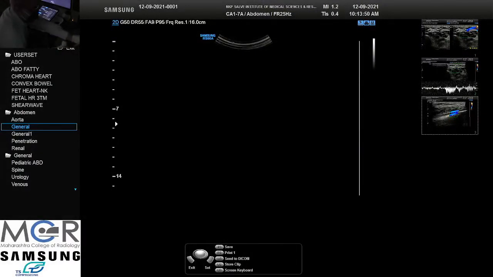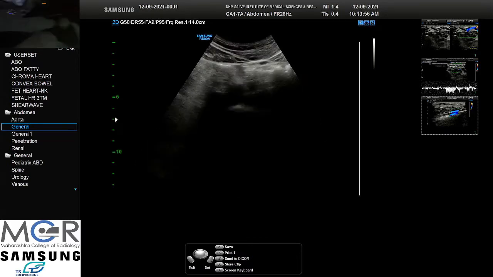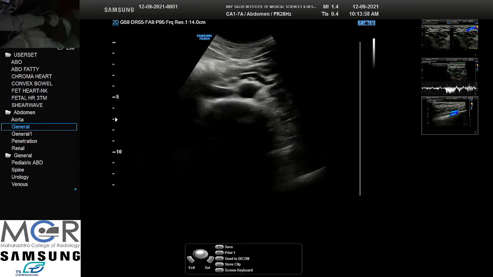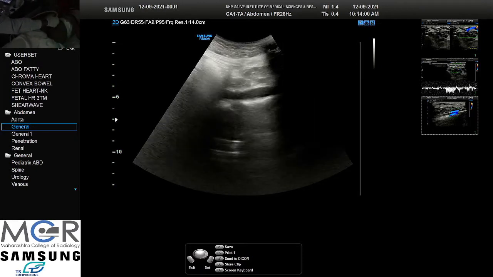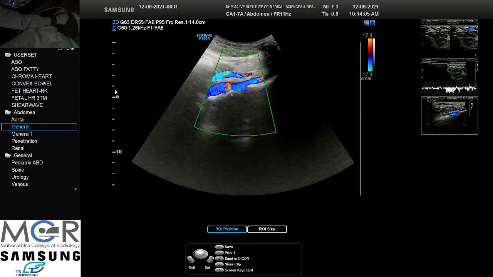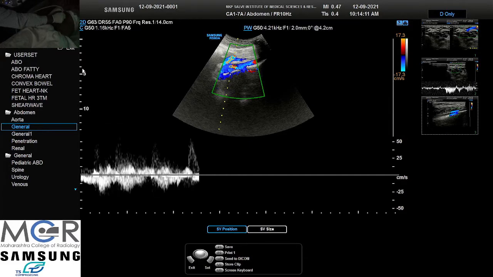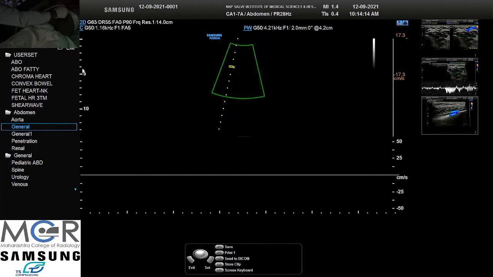So before moving to the lower limb, in 2 minutes we'll just see patency of the IVC and iliac veins. We'll quickly identify and confirm. It just takes 2 minutes to see it, but it saves you sometimes.